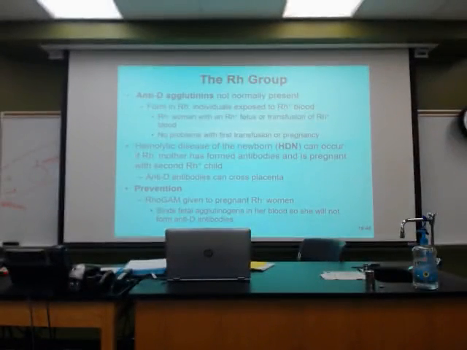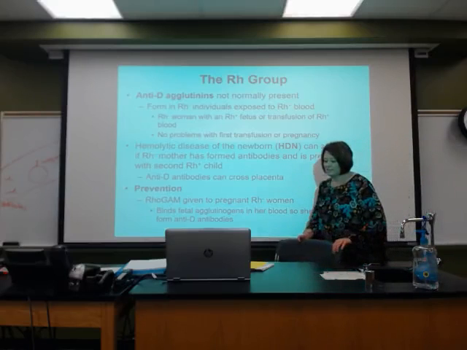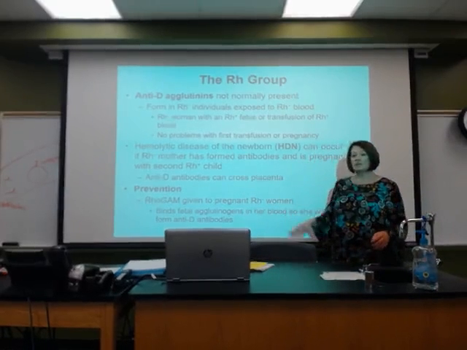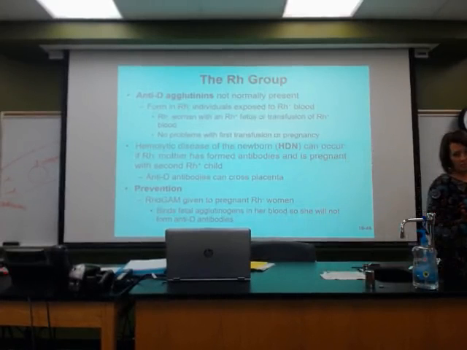Because if she has developed antibodies and she gets pregnant again and it's positive, and the antibodies are against positive, what is it going to want to do? Attack it.